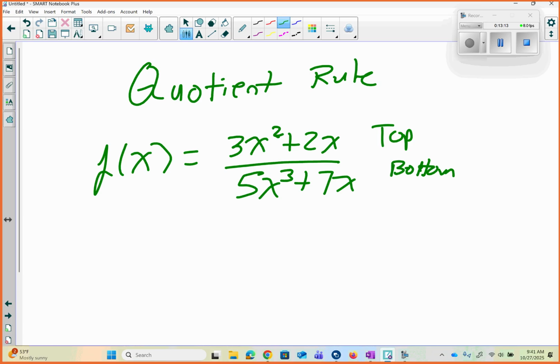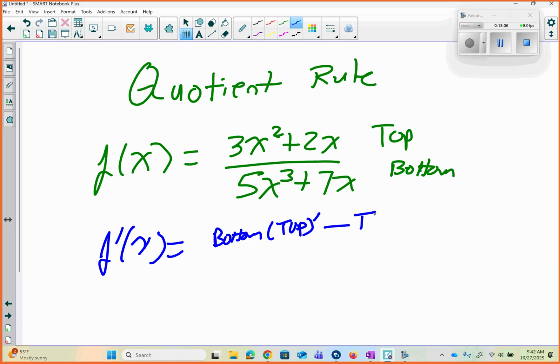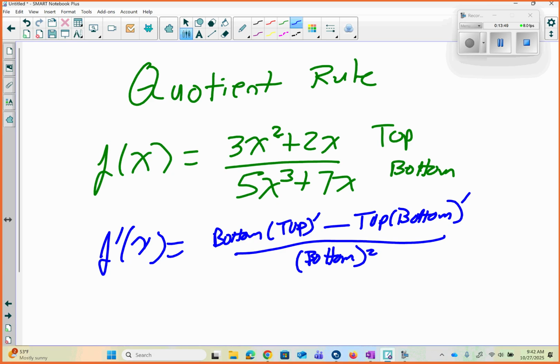I could say u and v, but that doesn't help. I like top and bottom. So the derivative of this is basically going to be the bottom times the derivative of the top, we'll call that top prime, minus the top times the derivative of the bottom, all over the bottom squared. And that becomes the whole thing.